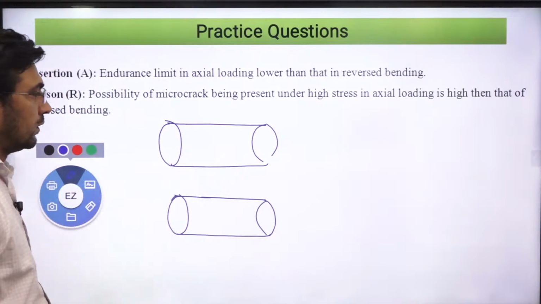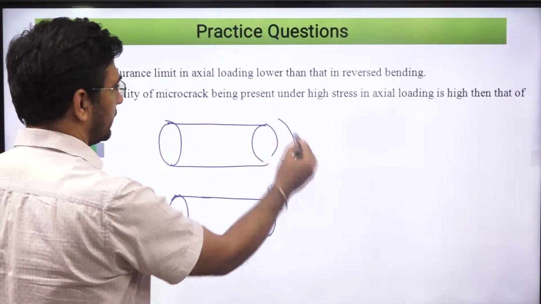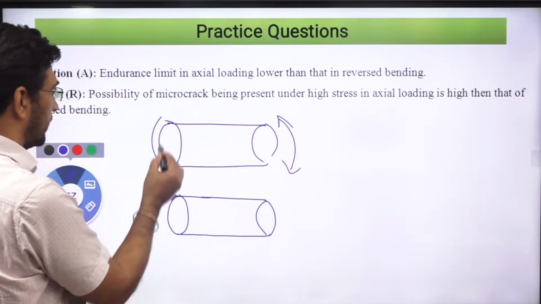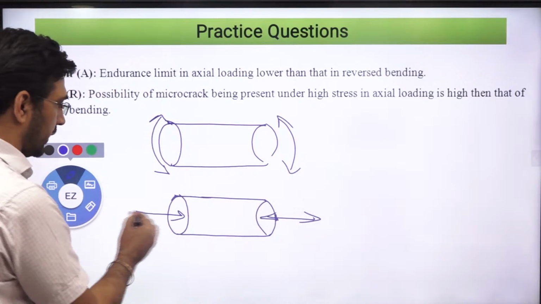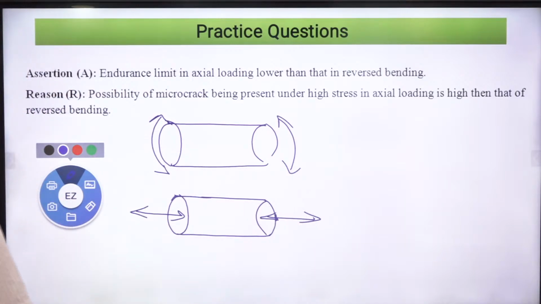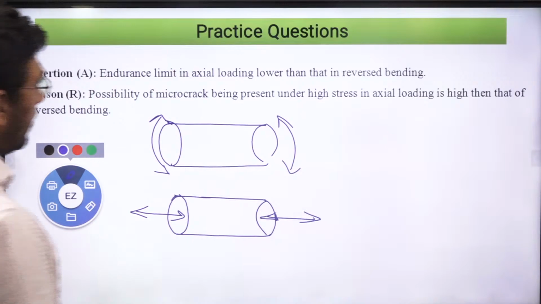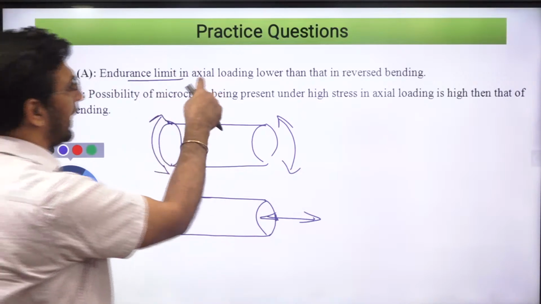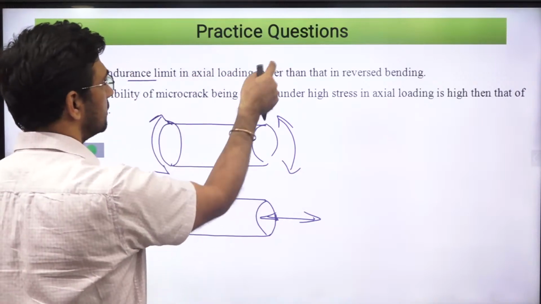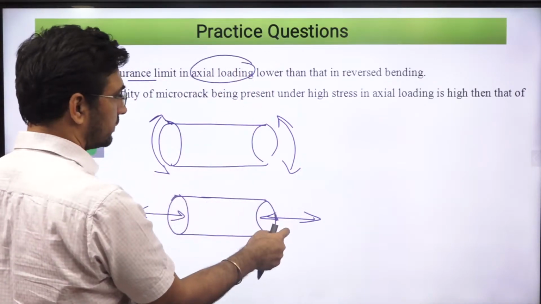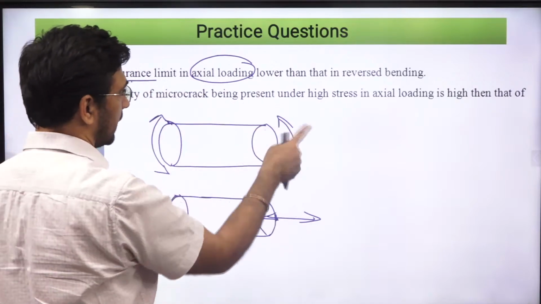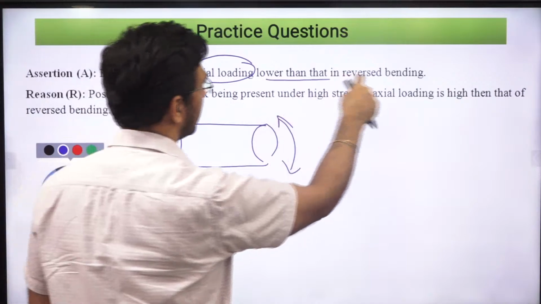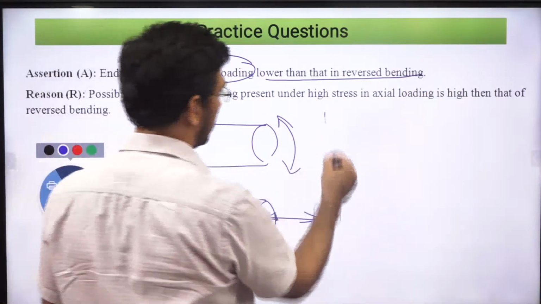Okay, so what I'm doing is, the same component I'm subjecting to this one. Right? So what he says is the endurance limit in axial loading, completely reversed axial load, is lower than that of completely reversed bending.